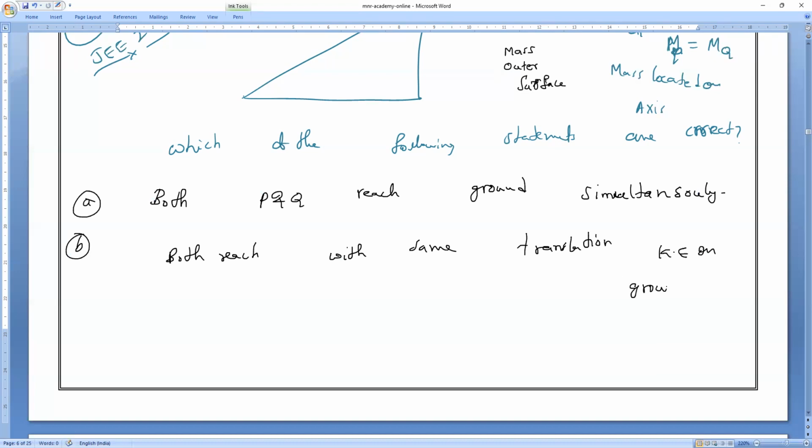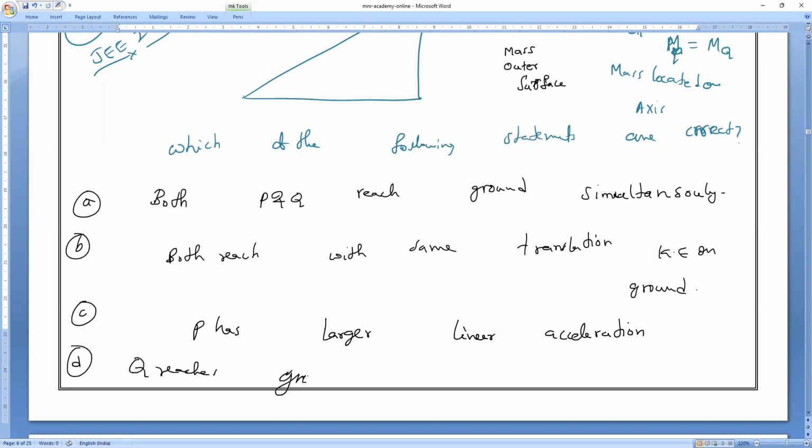Option C: P has larger linear acceleration. Option D: Q reaches the ground with more angular acceleration, more angular speed.